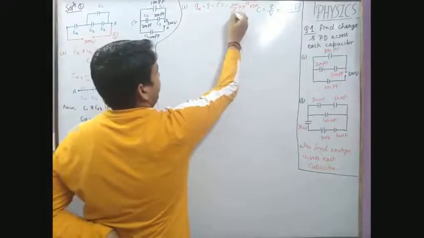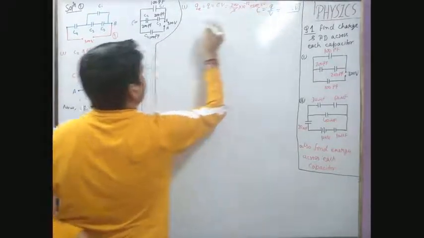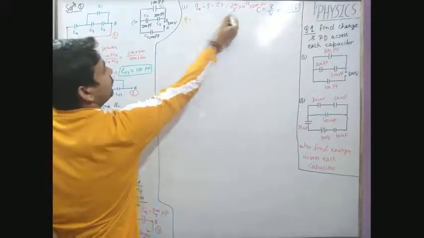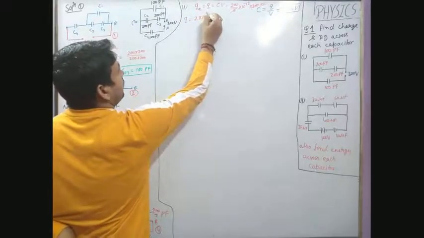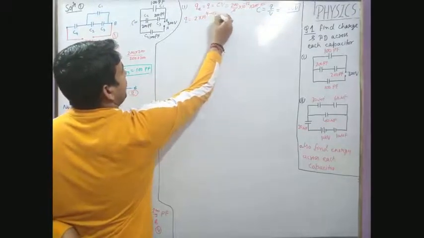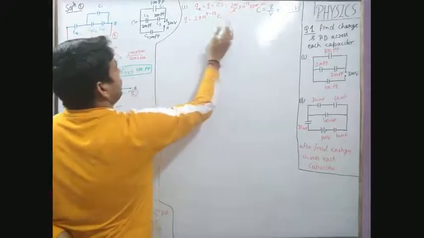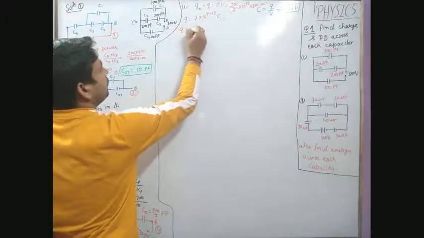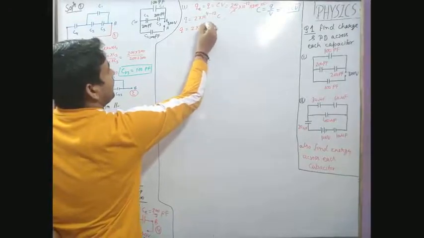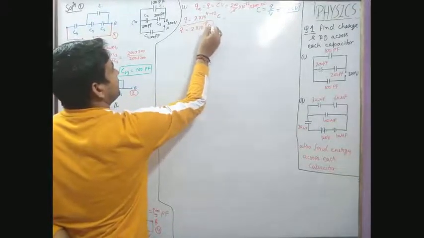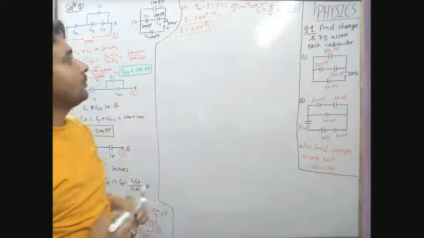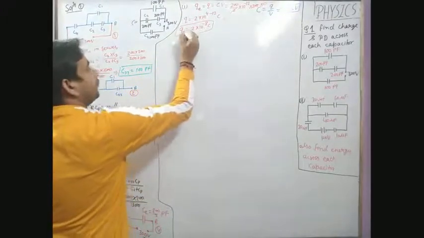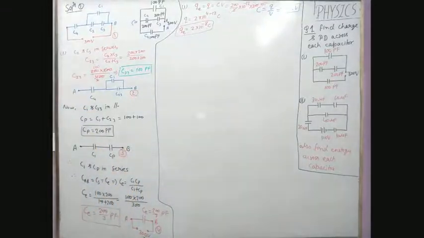Now you find that this is cancelled by 100 times. This charge Q is equal to 2 into 10 to the power minus 12 into 10 to the power 4 coulomb, that is Q is equal to 2 into 10 to the power minus 8 coulomb. This is actually QE, the total charge in the circuit.